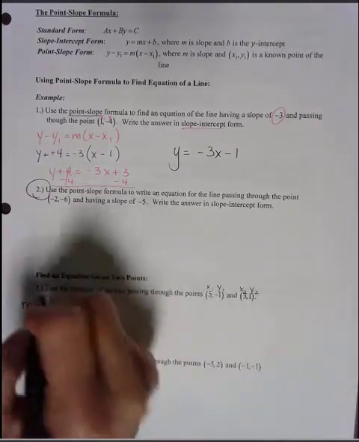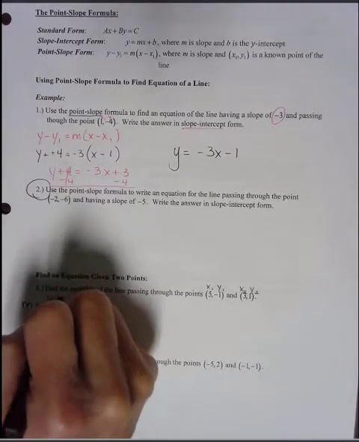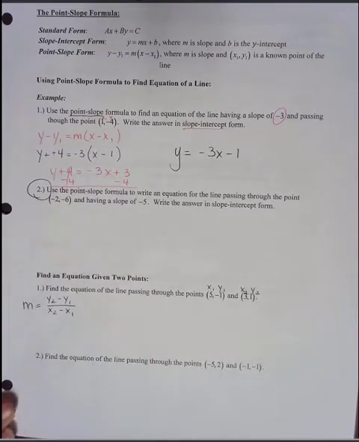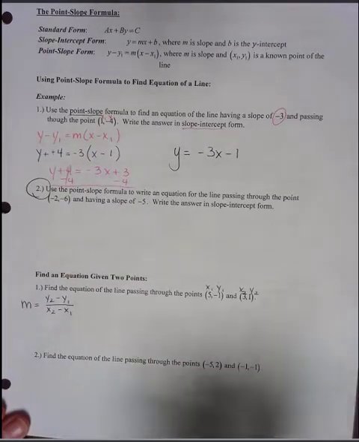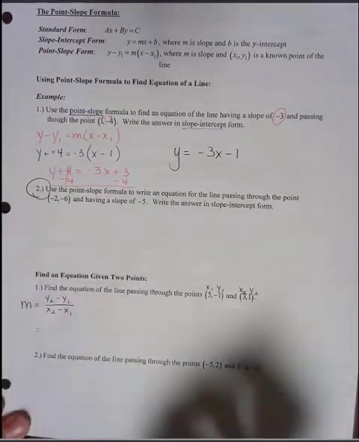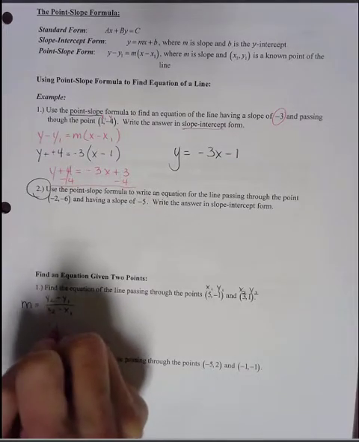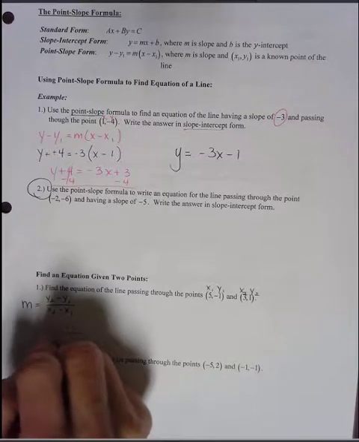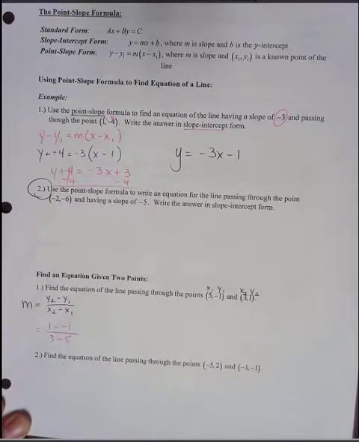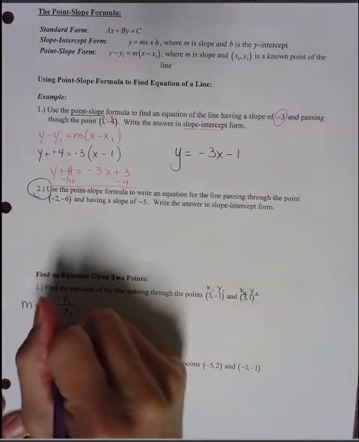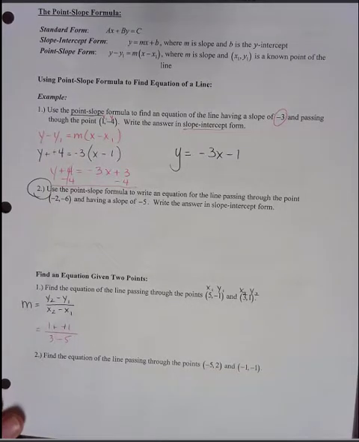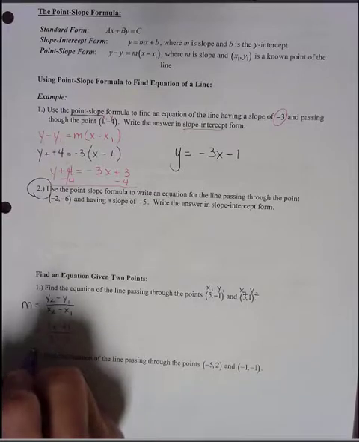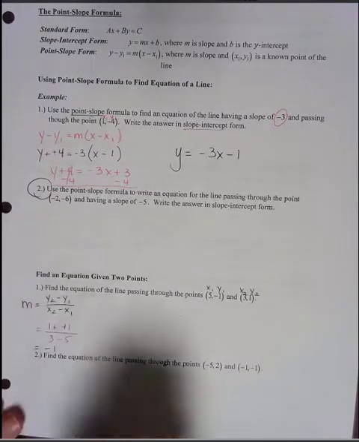Slope is equal to change in y over change in x. So in this case, we have y2, which is 1, minus -1, and then we have 3 minus 5. So we have 2 over -2, which gives us a final slope of -1.